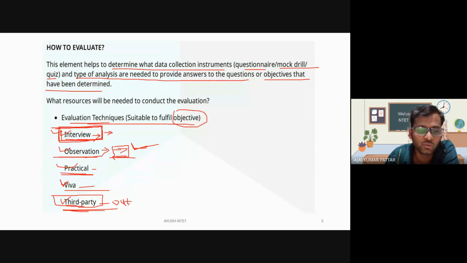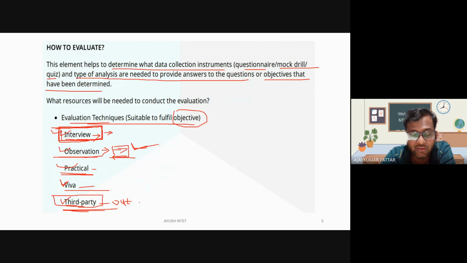Sometimes what happens, they launch new programs or new schemes, for example anemia prevention. For a particular drug or particular method, whether it is efficient and effective or not, if the government has given certain programs or schemes to the state governments, what is the outcome of that program or scheme?